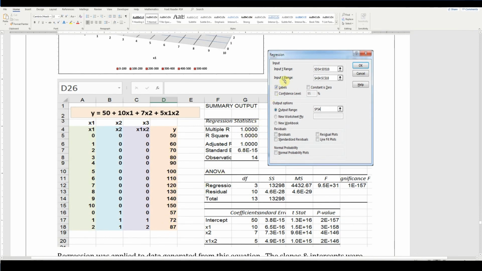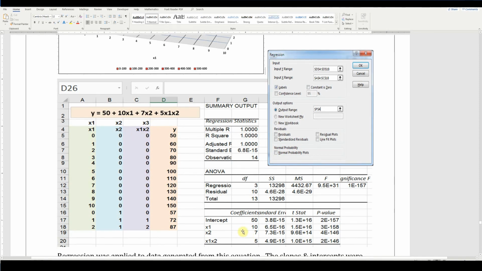In the x input range, I entered A4 all the way down to C18. So I entered all these values, x1, x2, and x3, as if there were three different variables. And Excel very kindly, correctly returned the proper intercept and the coefficients of the various terms, 10, 7, and 5.